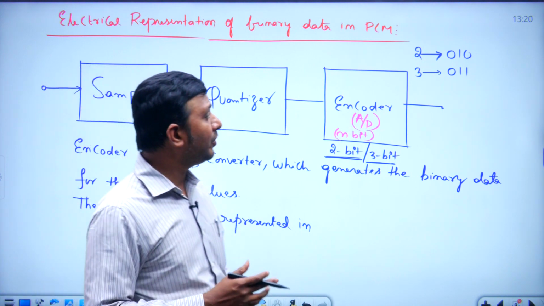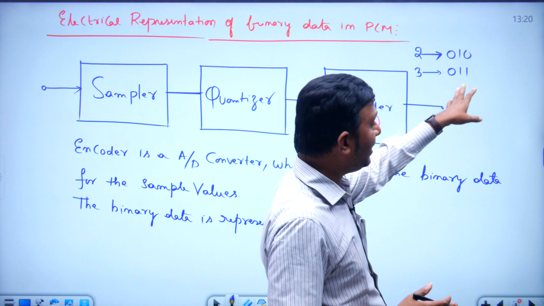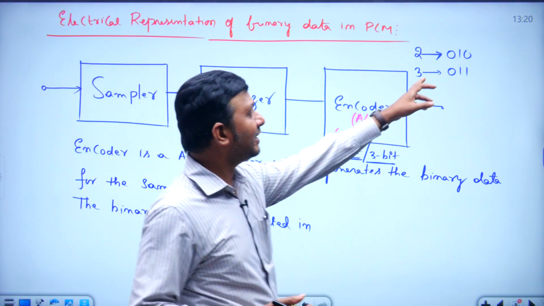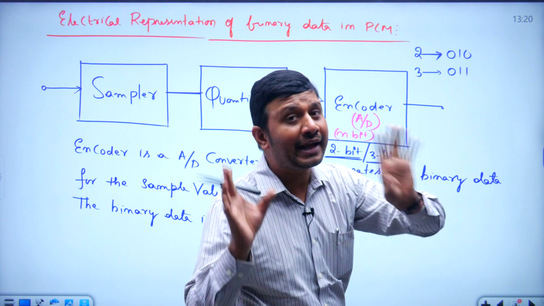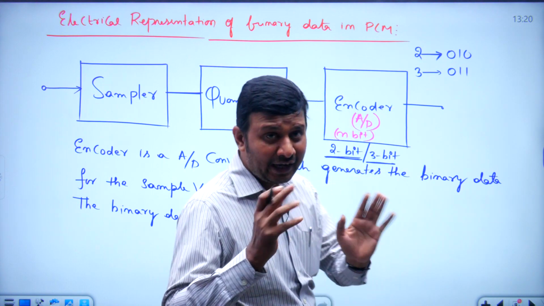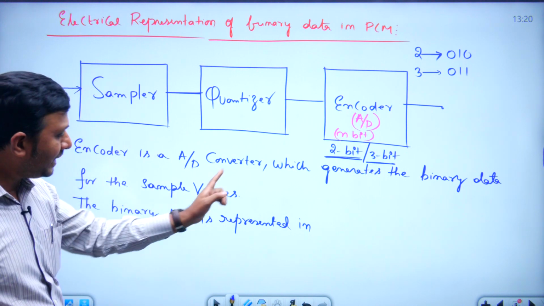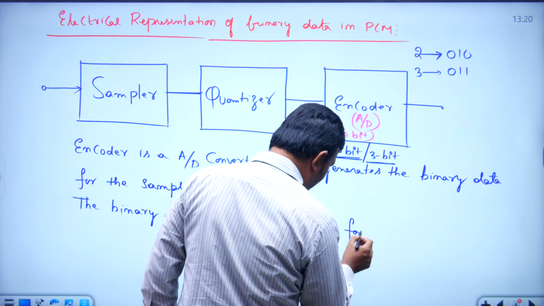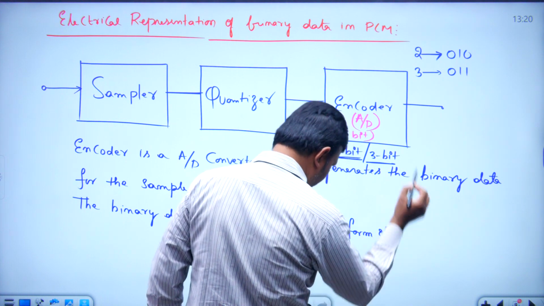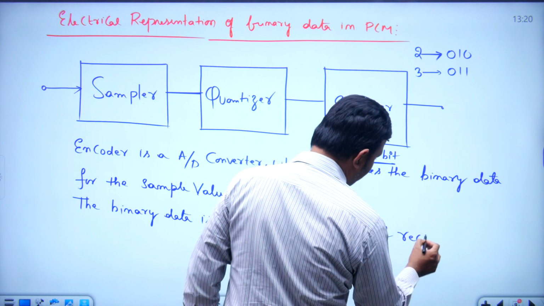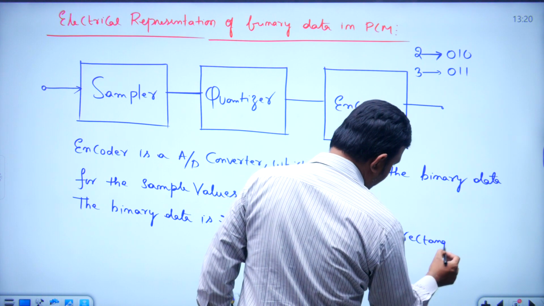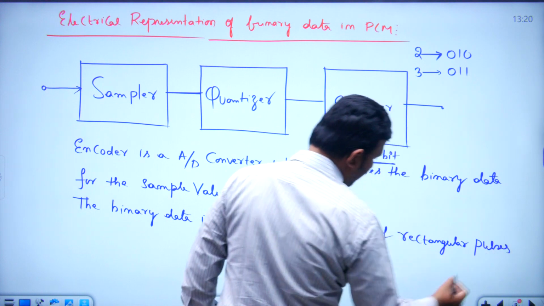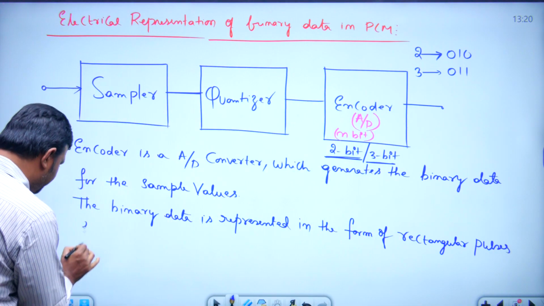So we are going to use electrical representations for this binary data using rectangular pulses. So the binary data is represented in the form of rectangular pulses for transmission.